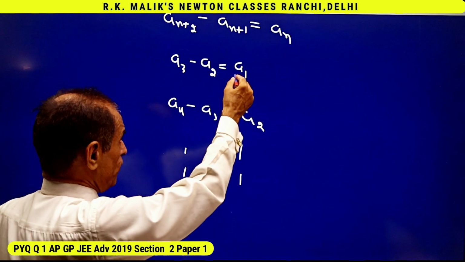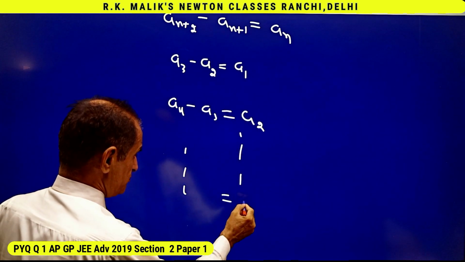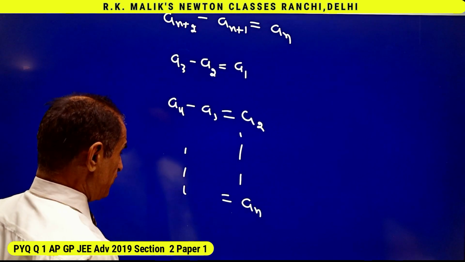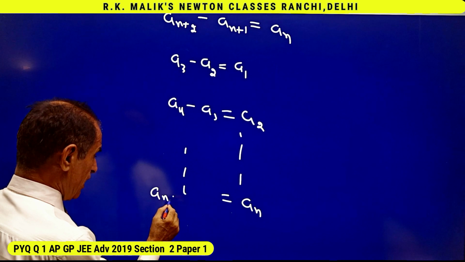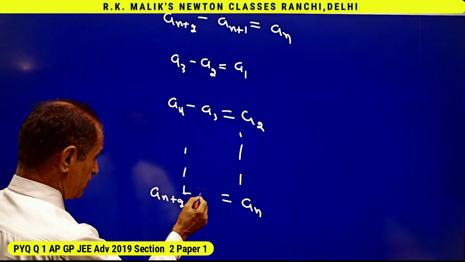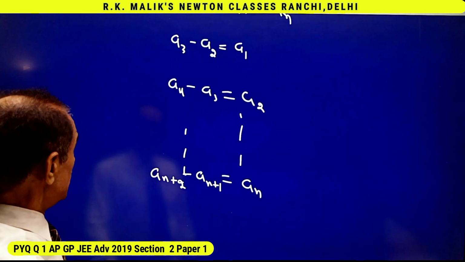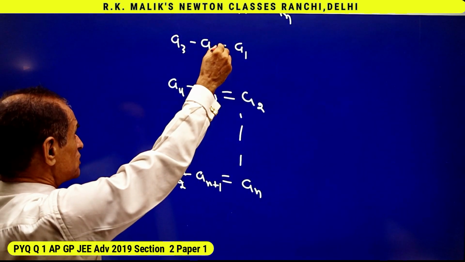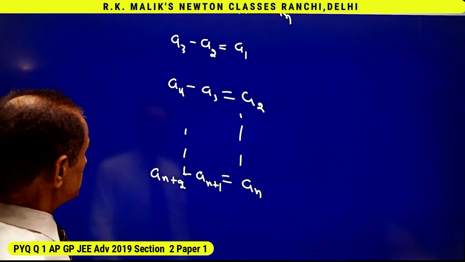And because I have to find the sum of a1, a2, a3 up to an, if it is n here I will be getting a n plus 2 minus a n plus 1. And now add all the n equations.